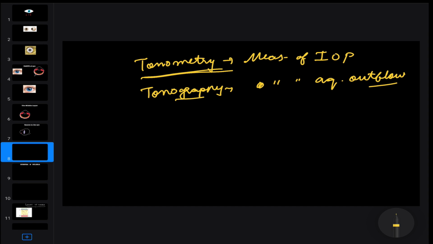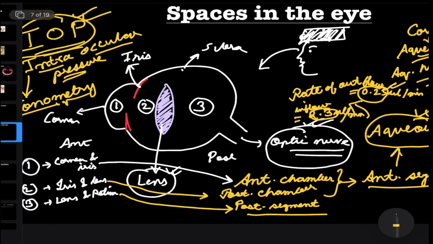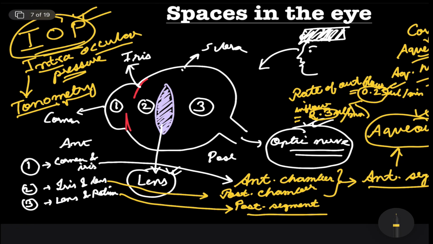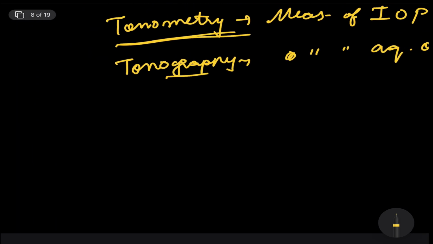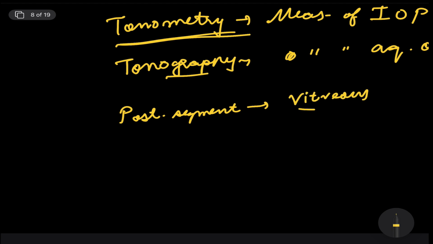Now, let's go back to our diagram. Remember I had said that the anterior segment contains the aqueous. So what does the posterior segment contain? Does it also contain something? Yes. The posterior segment contains what we say to be the vitreous. So anterior segment contains aqueous, posterior segment contains vitreous.